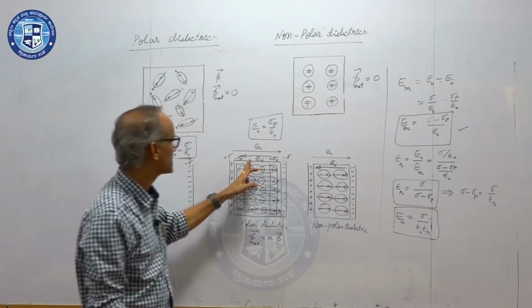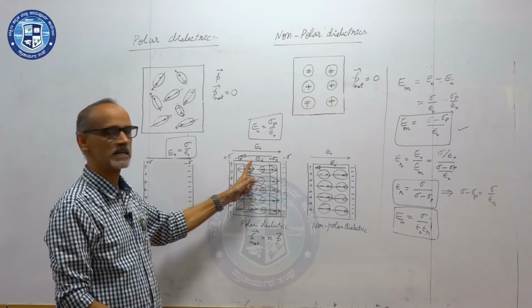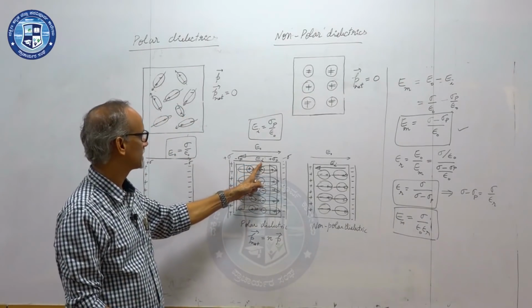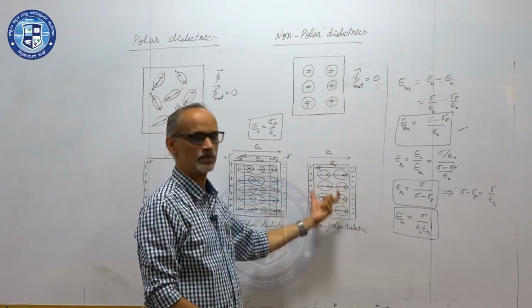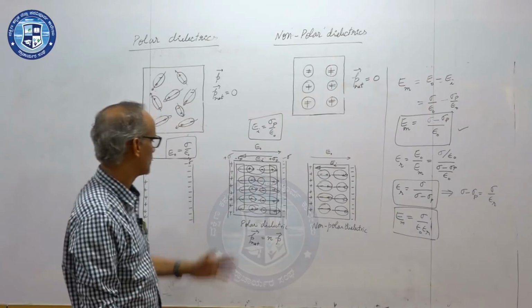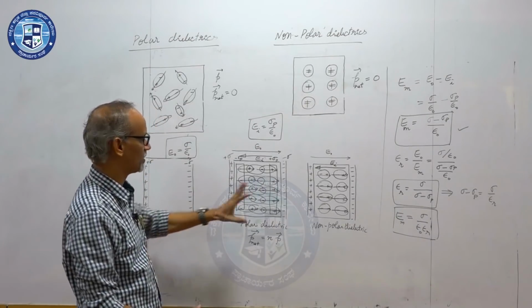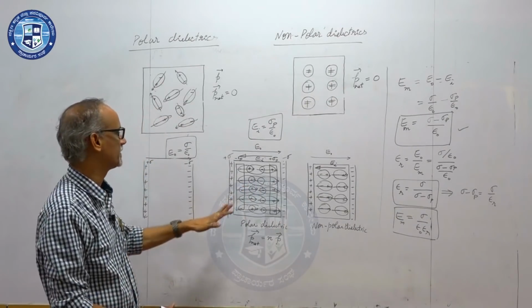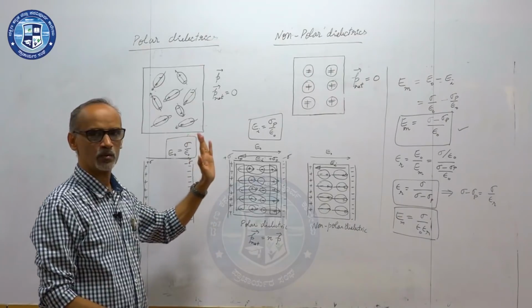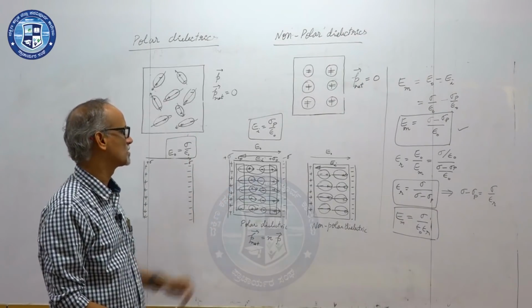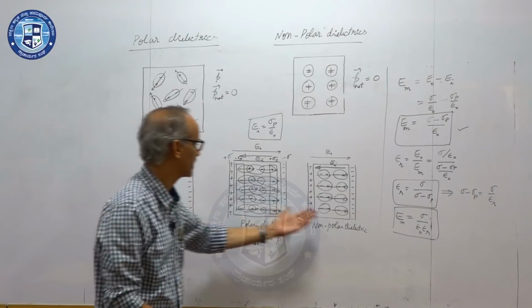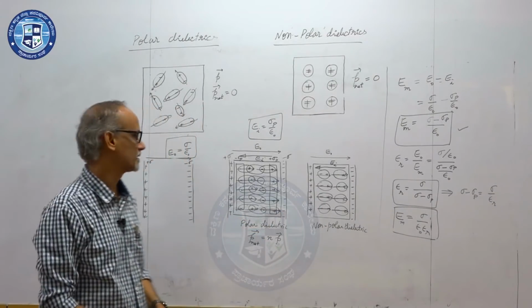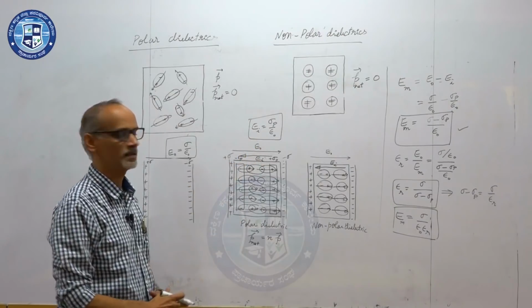That is why E suffix I can be considered as the electric field due to the intrinsic dipoles, or here, the induced dipoles. So, irrespective of a polar or non-polar dielectric, the electric field between the plates always reduces, and that is because of the polarization. And we say that the dielectrics are polarized in the presence of external electric field.